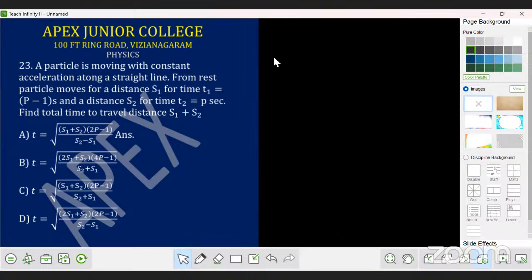And it is simply given that first of all it started from rest, that is u equals 0. So for s1, first we try to calculate how much time it takes to travel s1. p minus 1 seconds only.